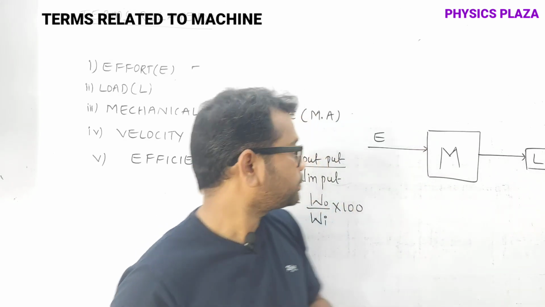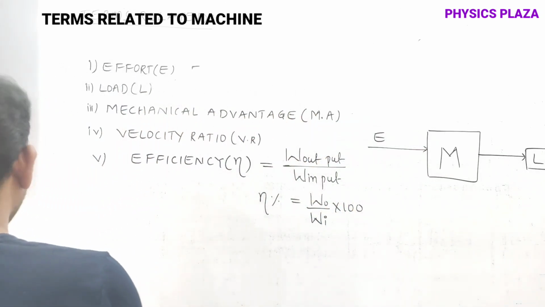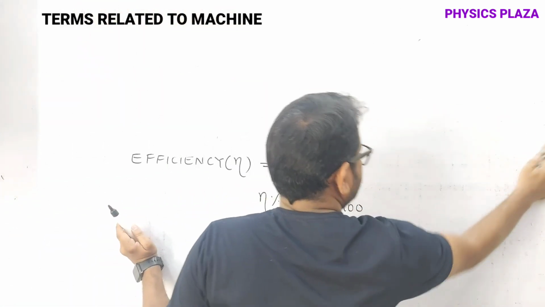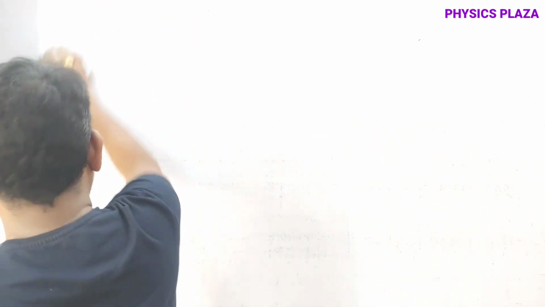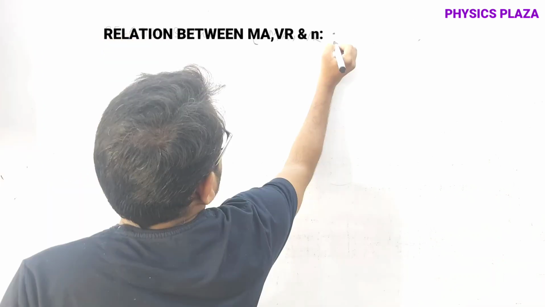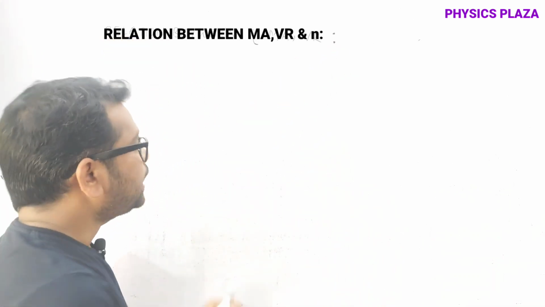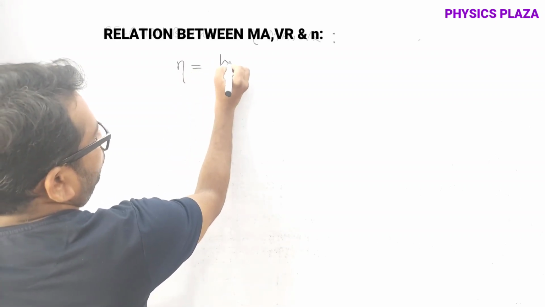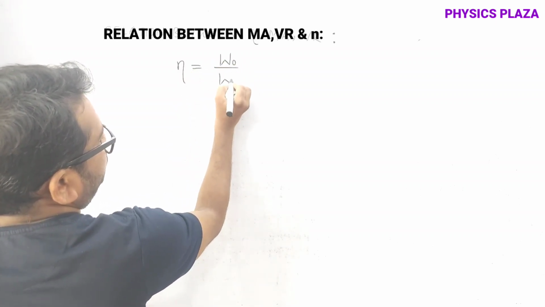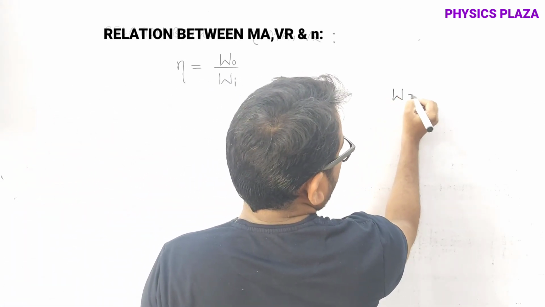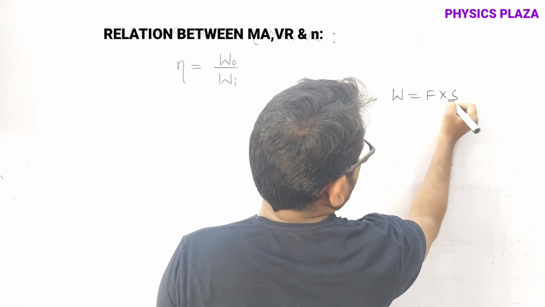Is that clear? Fine. Now children, we discuss a very important thing: the relation between efficiency, mechanical advantage and velocity ratio. Let me write here. As per the definition, efficiency is work output to the work input. We know that work is force into displacement.